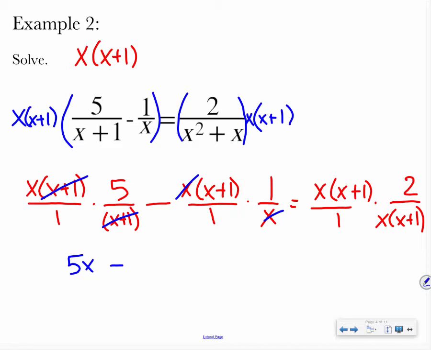And I have x plus 1 times 1 over 1. So that just becomes minus x plus 1. And then on the right-hand side of the equation, these all cancel, so then I have 2.